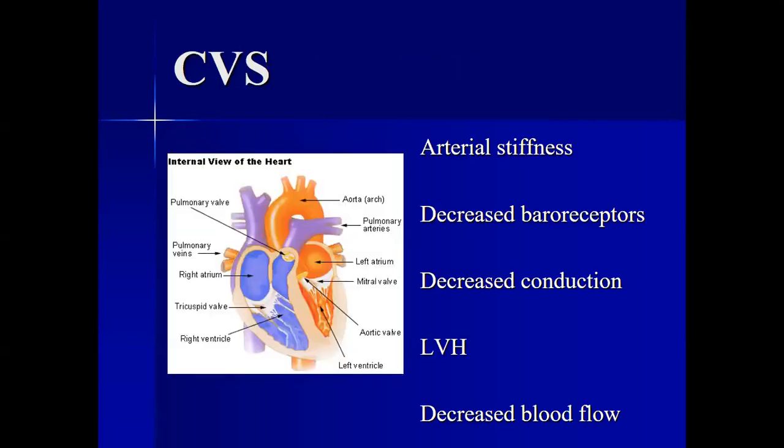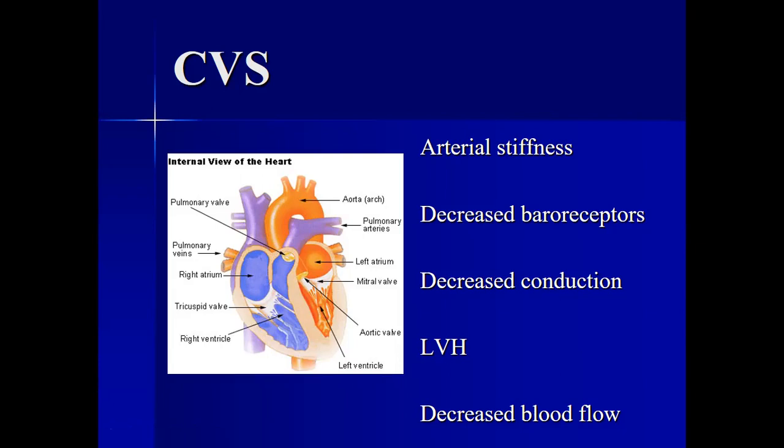If you go into the CVS, there is arterial stiffness, decreased baroreceptors, decreased conduction, LVH, and decreased blood flow. So in geriatric patients, you tend to see high blood pressures and decreased baroreceptors. Arterial stiffness, in a clinical context, causes a high pulse pressure.